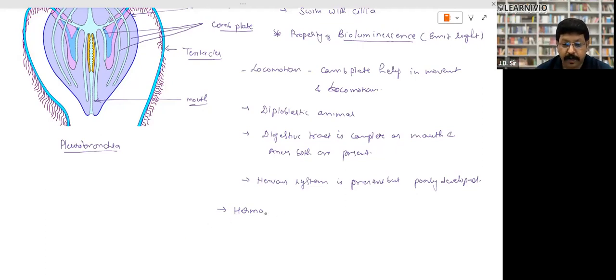They are hermaphrodite. They may be hermaphrodite or bisexual. Fertilization is external.